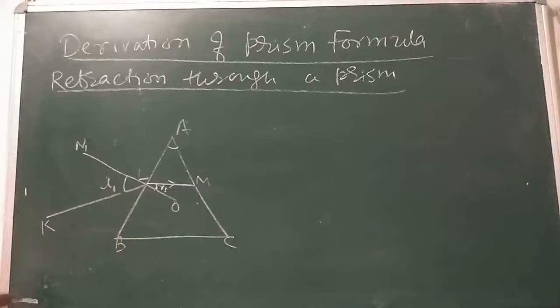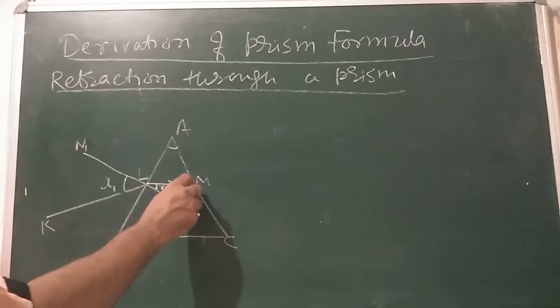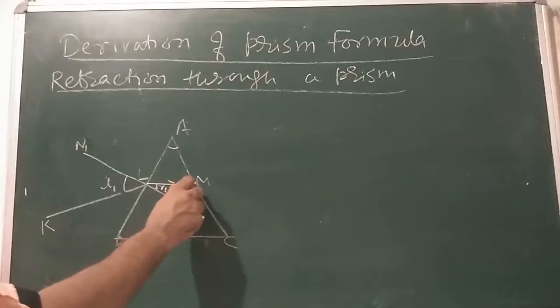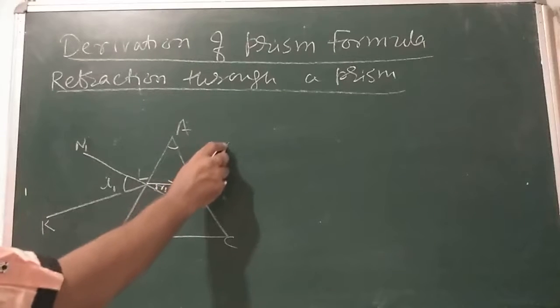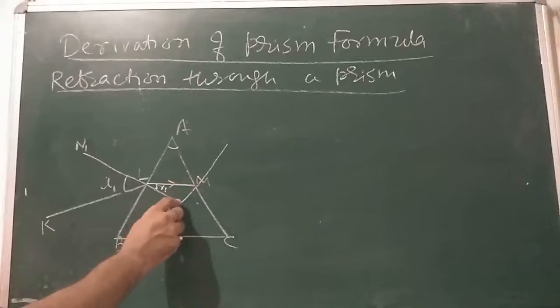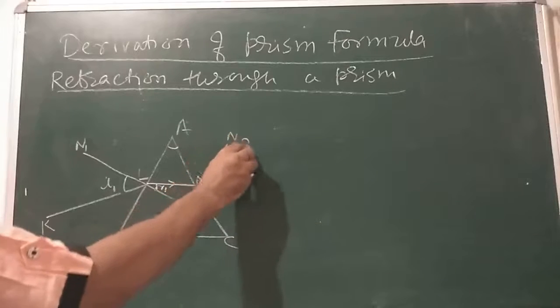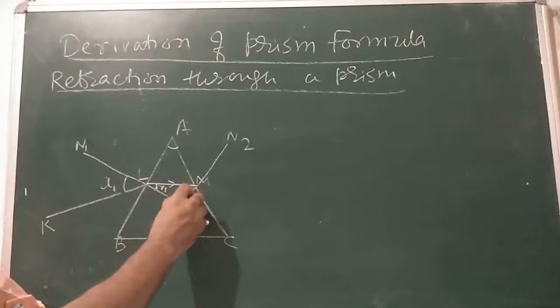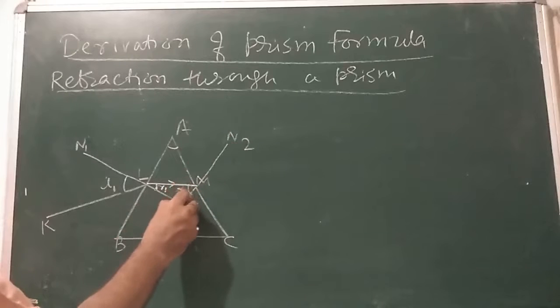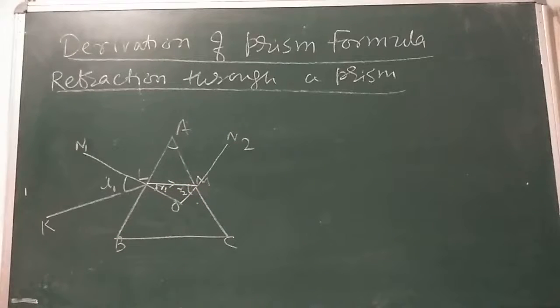The refracted ray LM is incident at angle R2, here with another normal N2O, on the face AC of the prism.